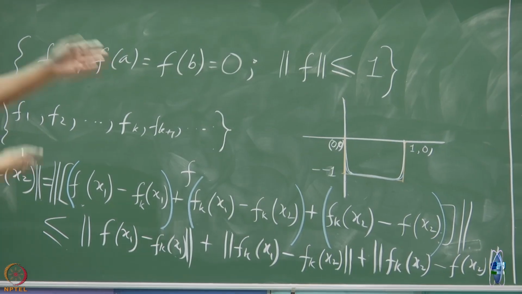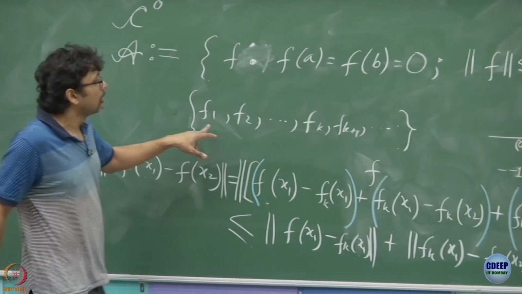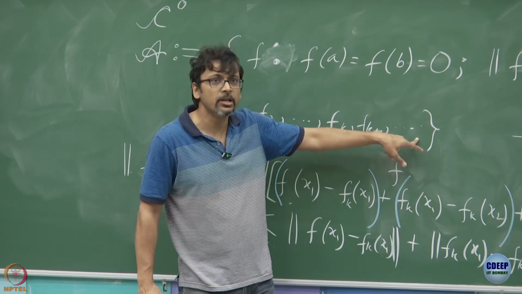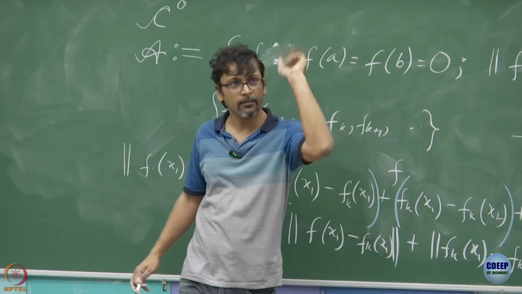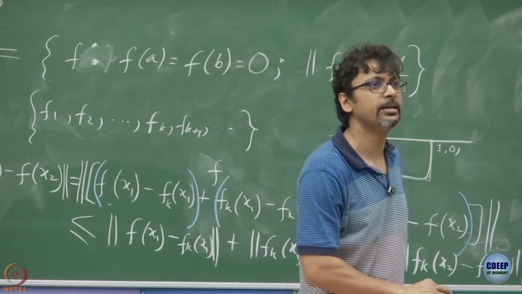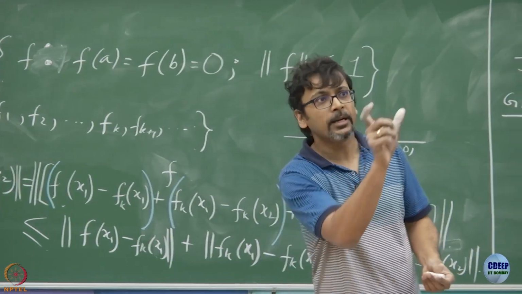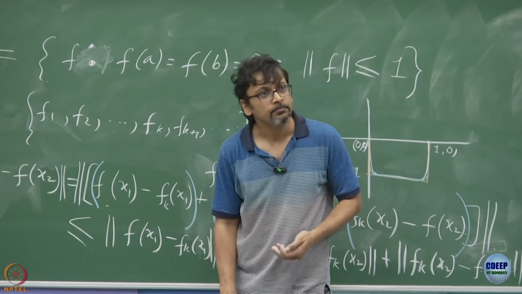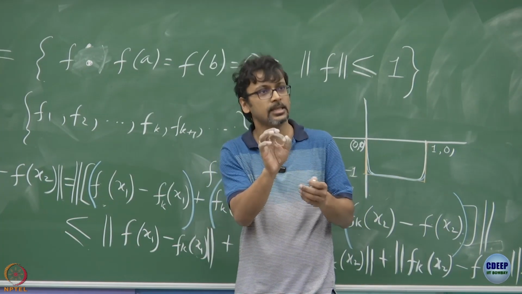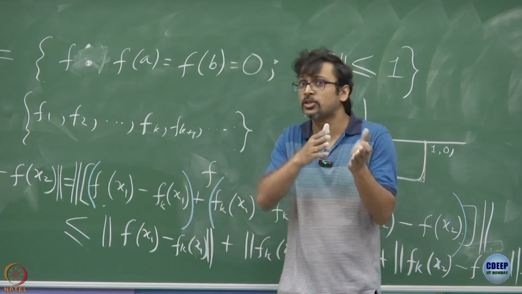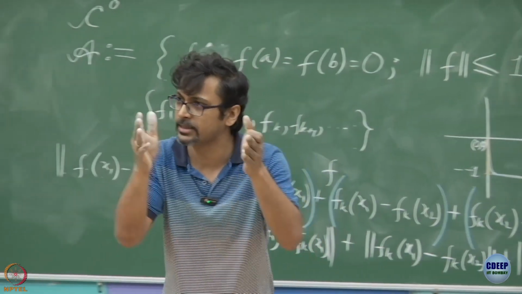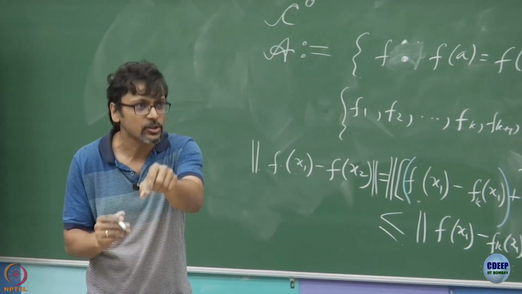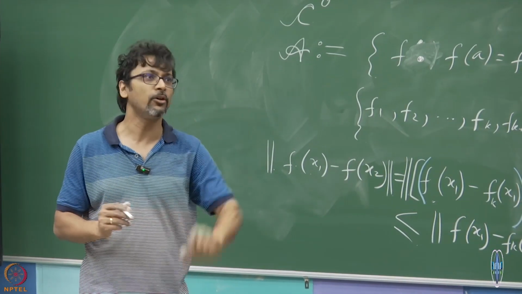You've chucked an epsilon at me and challenged me that the limit of this sequence, say some f, had better be continuous. So you give me some incredibly difficult epsilon criteria to meet. I'm going to cook up a delta based on what I know about these members in this sequence and the f, and prove to you that there exists a delta such that whenever the norm of x1 minus x2 is smaller than that delta, the norm of f x1 minus f x2 will always be smaller than the epsilon that you've chucked at me.